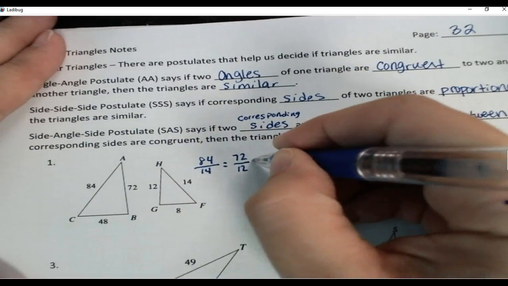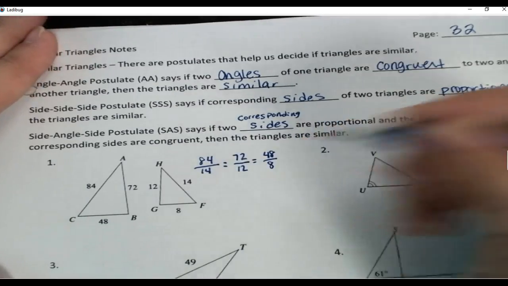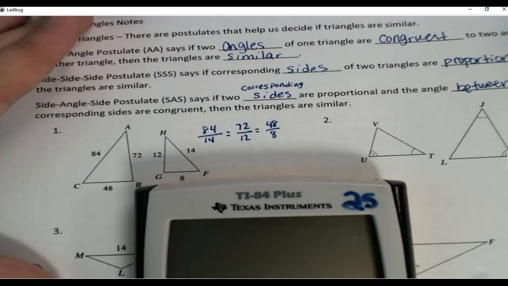Good. And does that equal 48 over 8? Now, if you can't visually see which ones match, you can always match big side to big side, medium side to medium side, small side to small side. So now we just see if they're all the same.